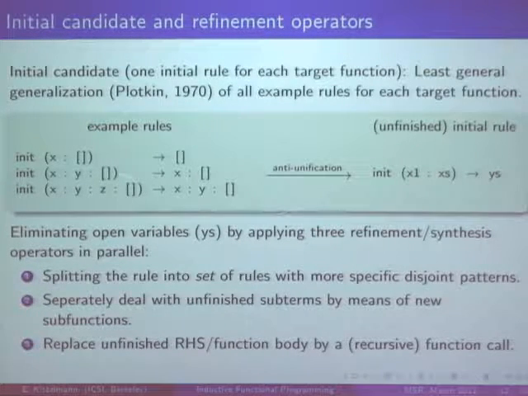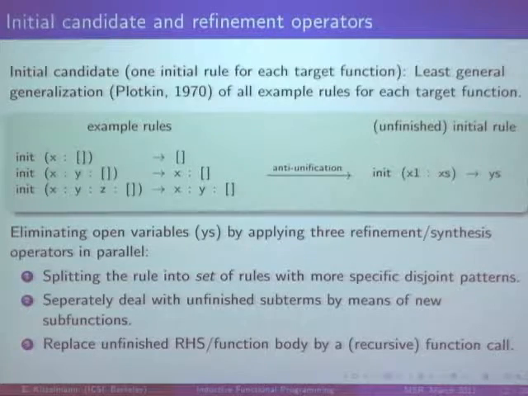So for example, at this position, we have the empty list in the first example and the non-empty list constructor in the second and third example. So we introduce here at this position a variable. And the same for the right-hand side here. And this is another variable, a different variable from the first one, because the terms in the examples are different ones, right?